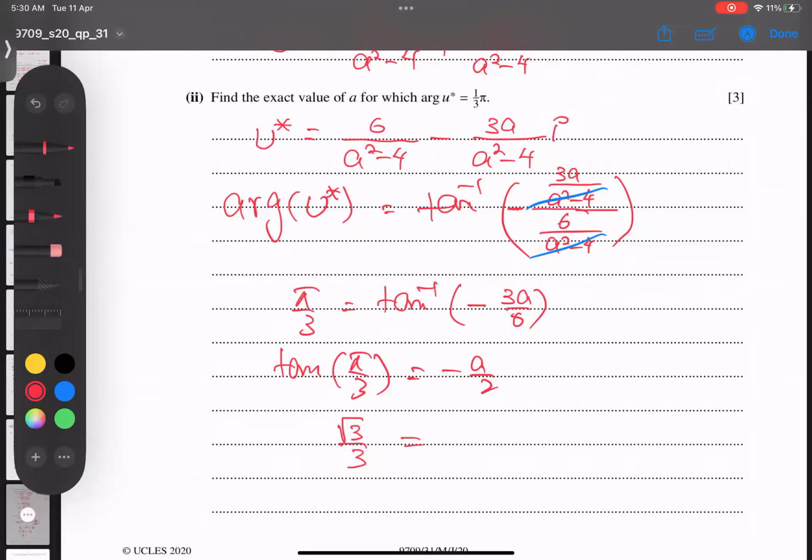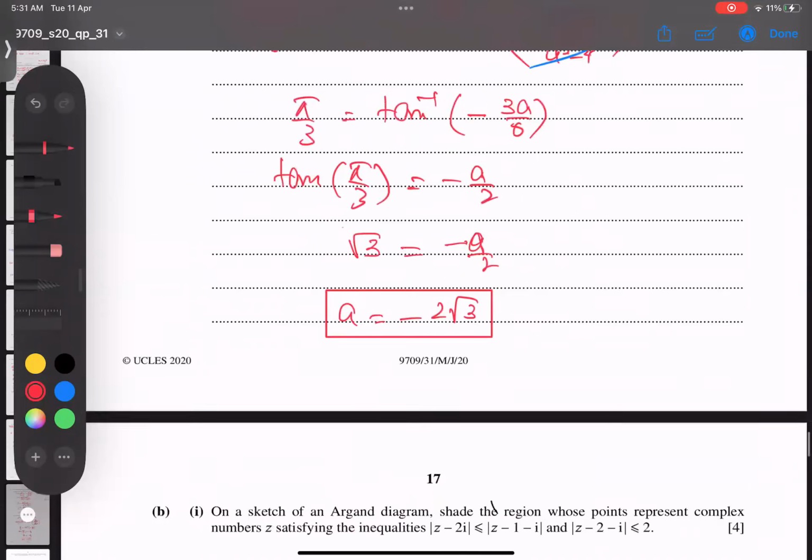Yeah, so it is coming root 3 only, not root 3 by 3. Root 3 comes. So minus a over 2, cross multiply. So it becomes a equals negative 2 root 3. So alhamdulillah rabbil alameen, the point is clear.